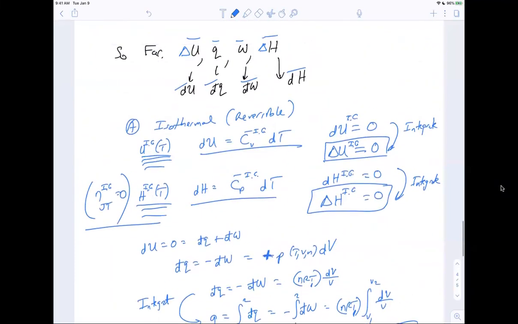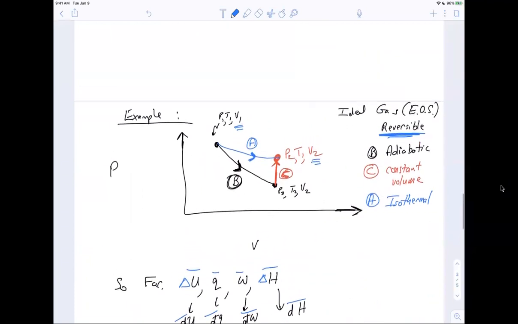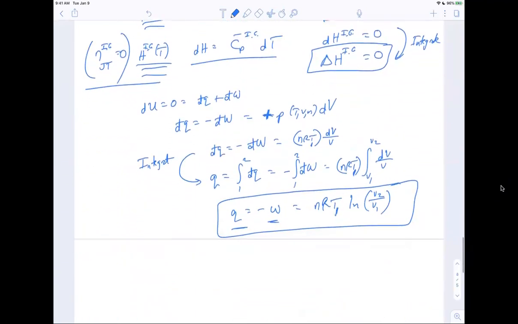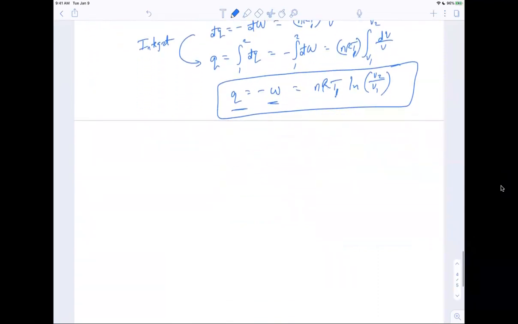Let's do the next easy one. That's this constant volume process, which is C. Okay, let's do the C process. So let's do process C, which is in red.